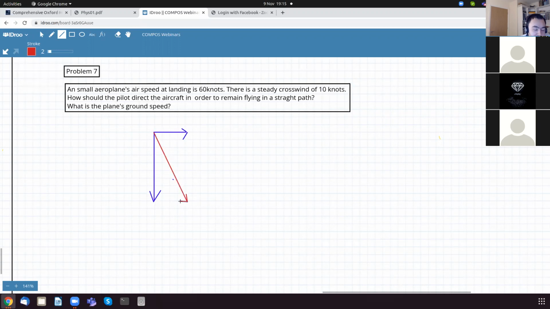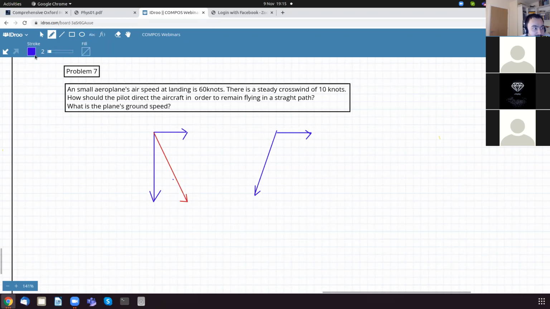This is not a very good idea when you're landing an airplane, to fly off the track. So what needs to happen? The pilot needs to point the aircraft sideways like this, and the wind is like this.